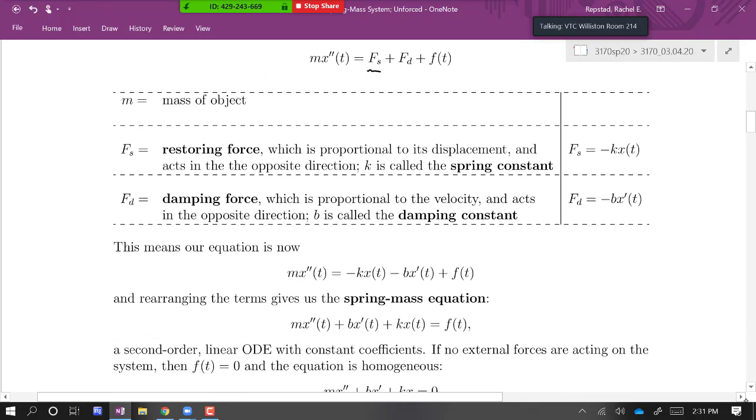So, there are scenarios where we might have more or less damping. Imagine if it were submerged in water, then there's more damping. The faster it tries to move, the bigger the force acting against it. Now our equation at this point becomes the following: mass times acceleration is minus k times x of t minus b times x prime of t plus f of t, where this is maybe some external force acting on the spring mass system.